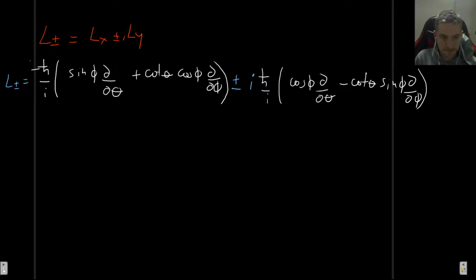Okay, so let's now try to simplify what we have here. So the first thing that we could do, well, obviously, we can cancel out these i's here. That looks pretty good. What else? Well, we have these d by d theta here, and d by d phi here. So we could think about factoring out these derivatives, and also factor out an h bar.